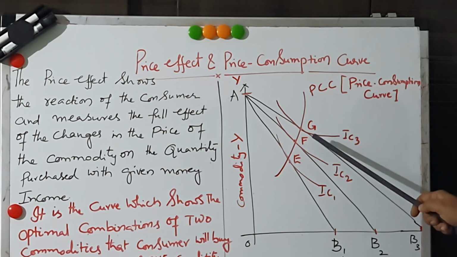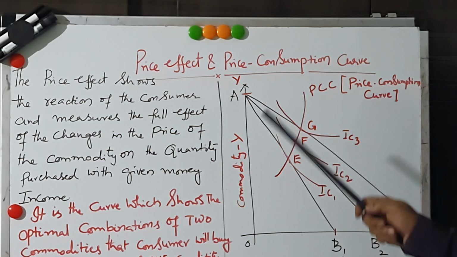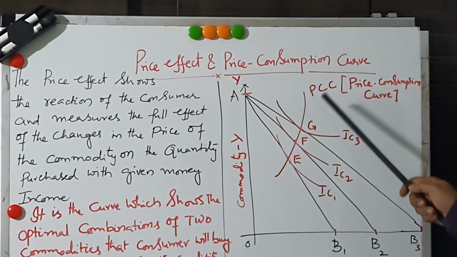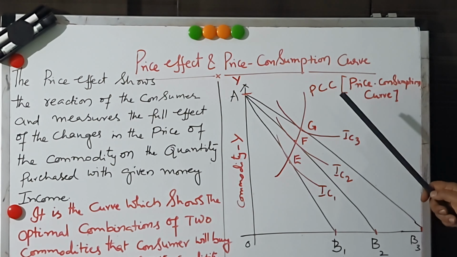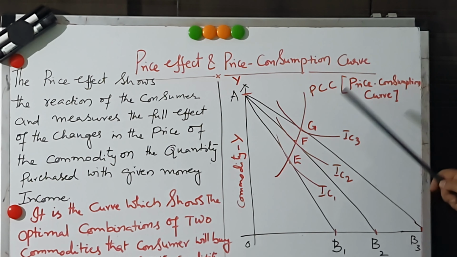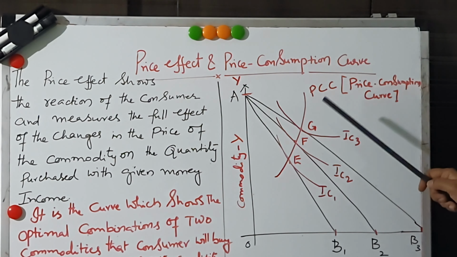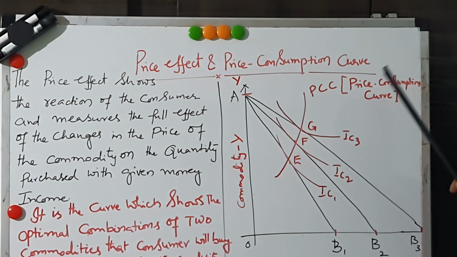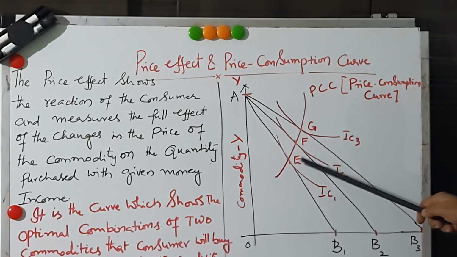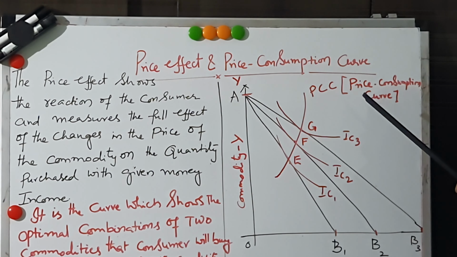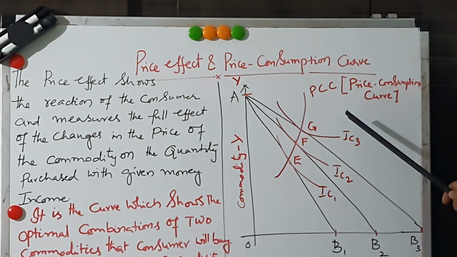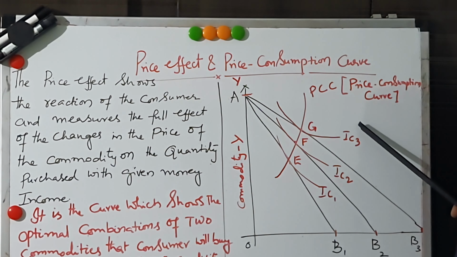When price goes up, how the equilibrium of the consumer changes can be explained by PCC. So consumer equilibrium changes when there is a change in the prices, assuming other things being the same.